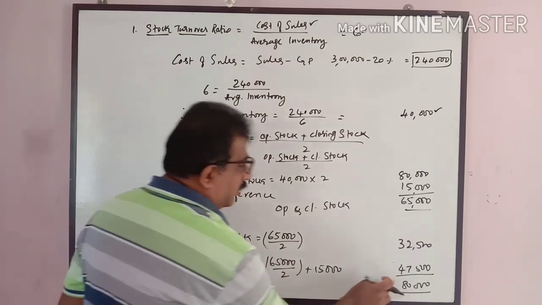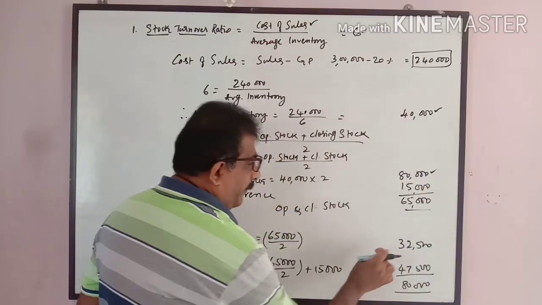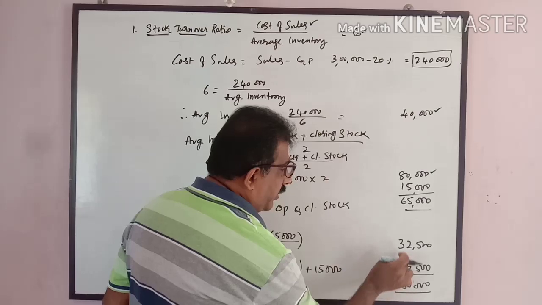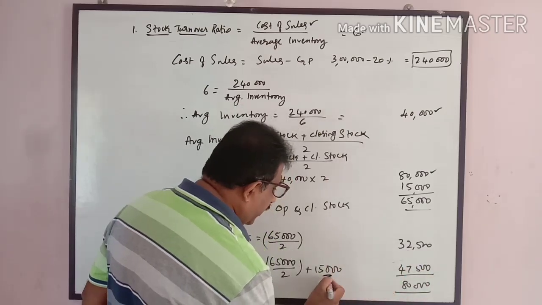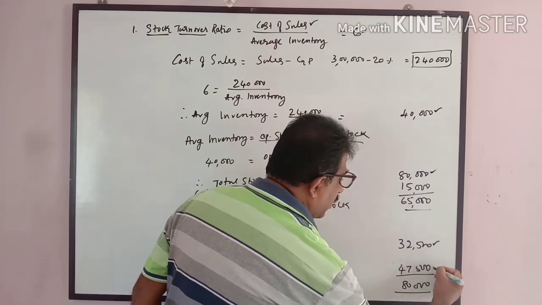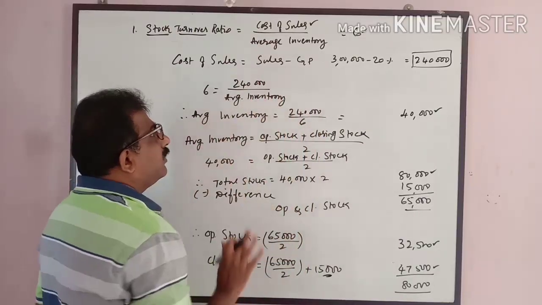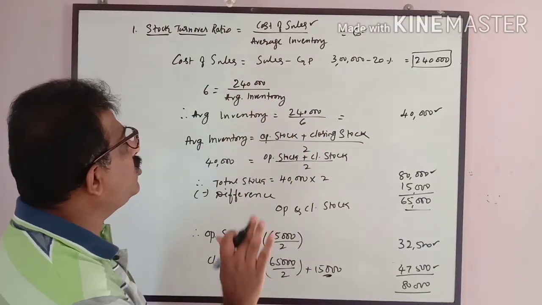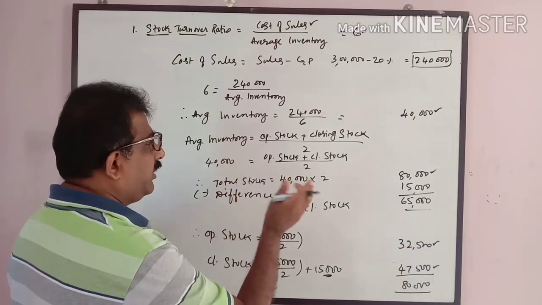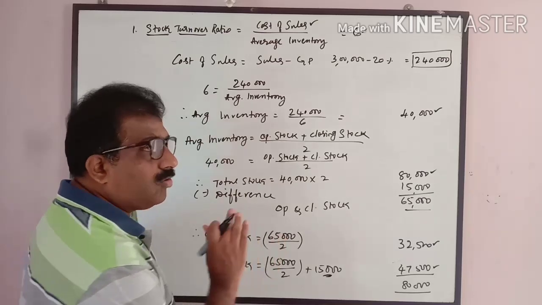Now we have 80,000 rupees in total, and it matches. Opening stock is 32,500, closing stock is 47,500. This 47,500 minus 32,500 is a difference of 15,000. We calculated, with the help of sales, GP ratio and stock turnover ratio, the cost of goods sold, the average inventory, and the opening and closing stock.